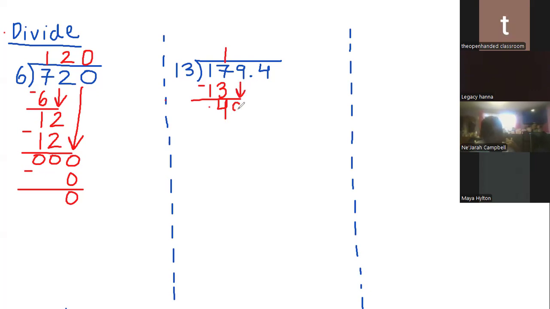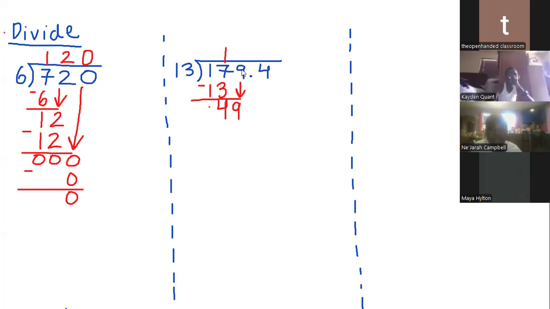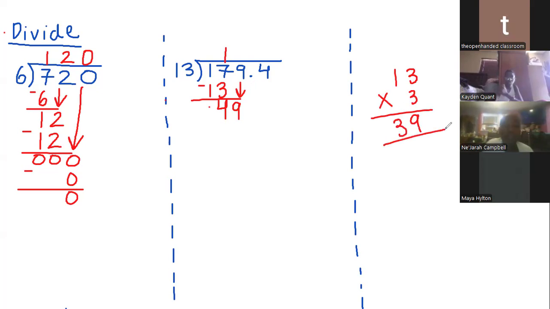9, very good. How many times does 13 go into 49? 3 times or 4 times? Let's do 13 times 3. 3 times 3 is 9, 3 times 1 is 3, so it's gonna be 39.